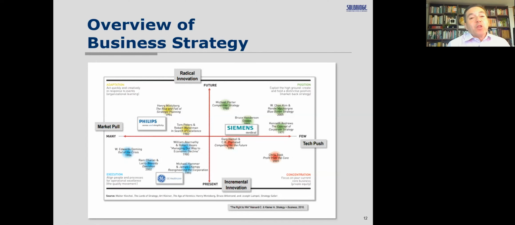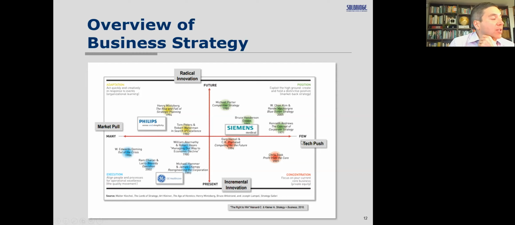So for example, if we look at an overview of all of business strategy, we can regard two different dimensions. One is the level of innovation, whether it's more radical innovation or more incremental innovation. Another way to look at it is the company focusing more on the future or on the present?